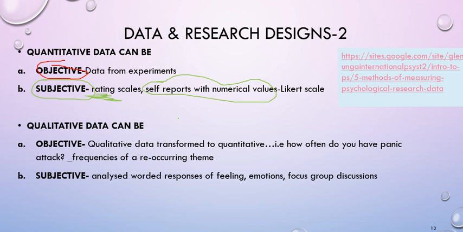Or it can be subjective data, when you say what you feel, what you believe, and the researcher is analyzing your feelings, your emotions, and tells you what's happening. Very often this is the result of a focus group discussion or a one-to-one interview with the counselor, because you say how you feel.